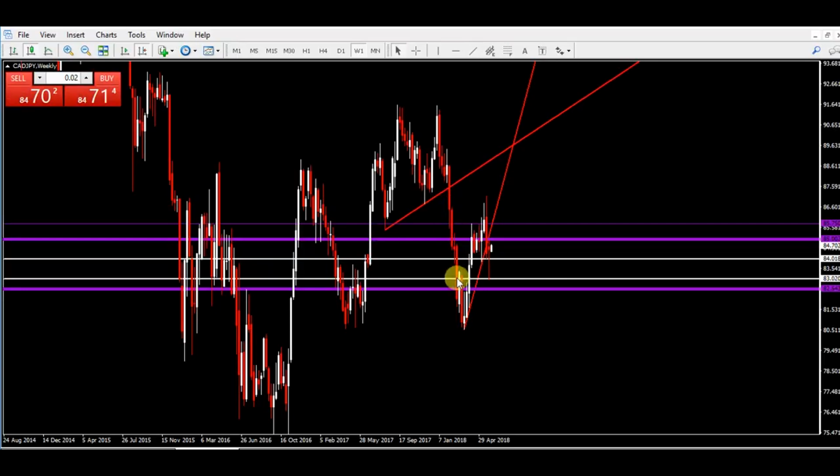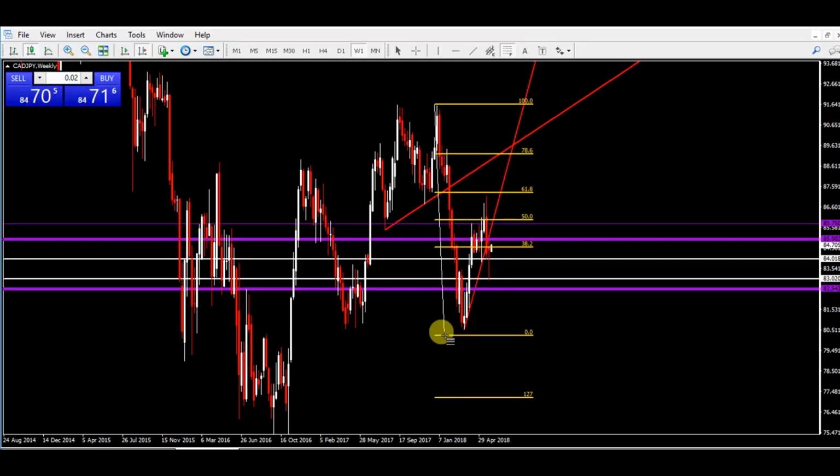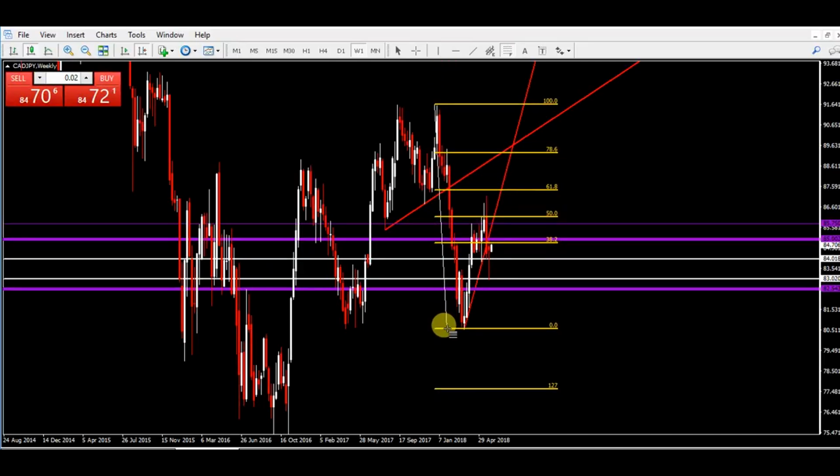Boom, broke, close below, coming back up to potentially act as resistance in these levels and tank further south. Let's find some confluence with what we've learned though. Let's draw a fib, see what it comes into. Oh, what do you know? Right in that 50 and 61.8 region. It's no coincidence, people. No coincidence.